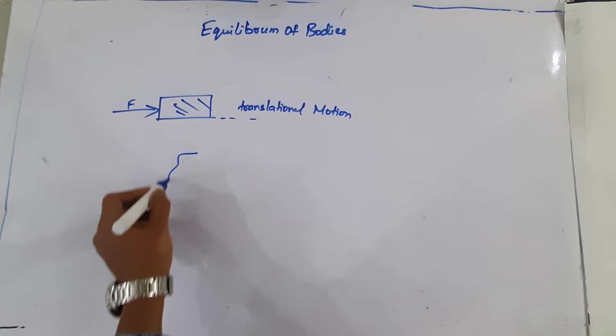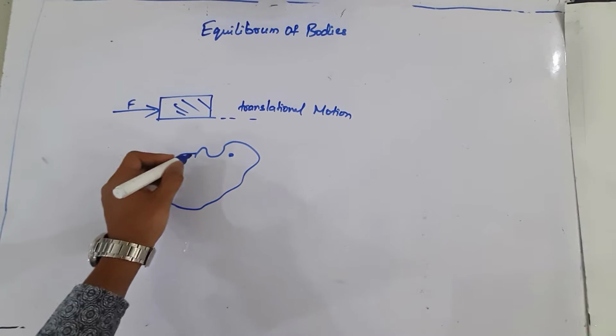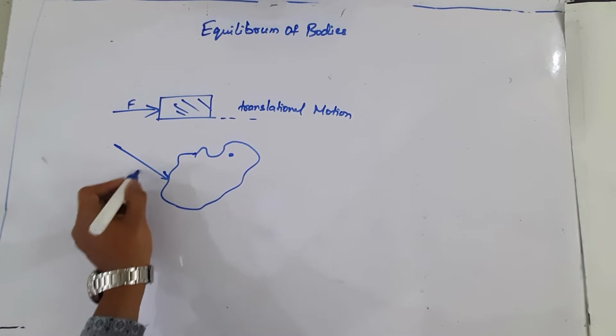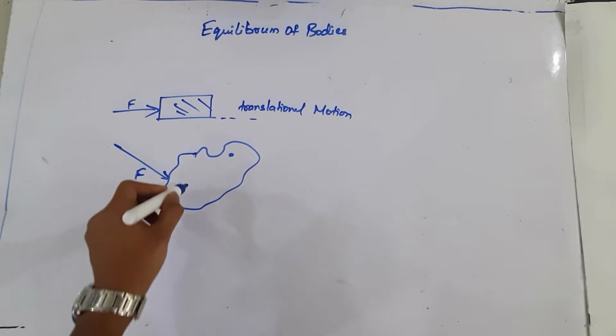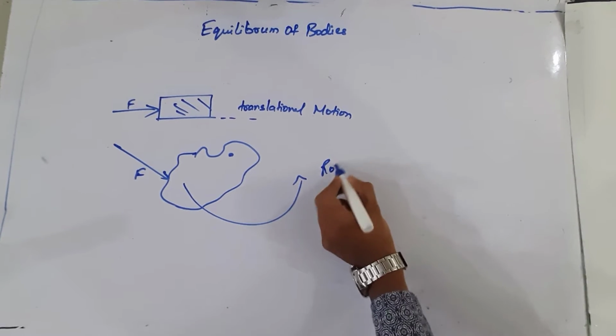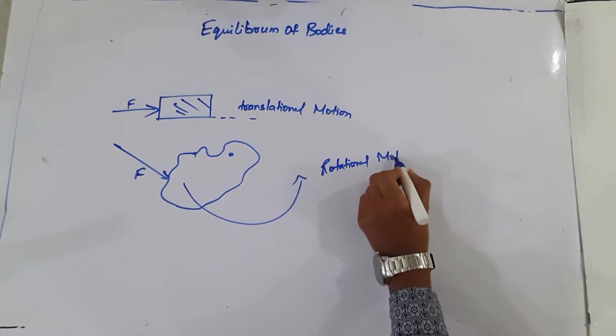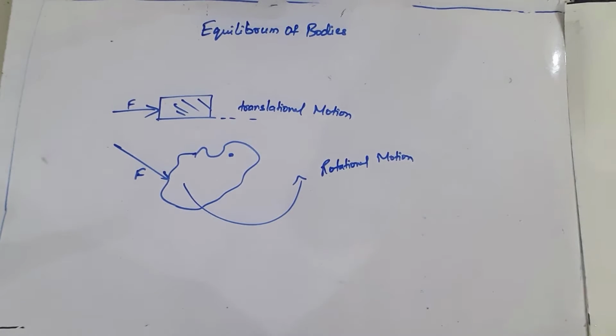Similarly, suppose we have another body and the body is pivoted at a point. So when the force acts on a body which is pivoted, then this body will experience rotational motion. But there are circumstances when we apply a number of forces such that the resultant of all forces is zero.